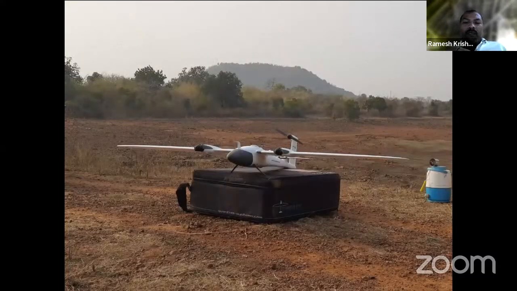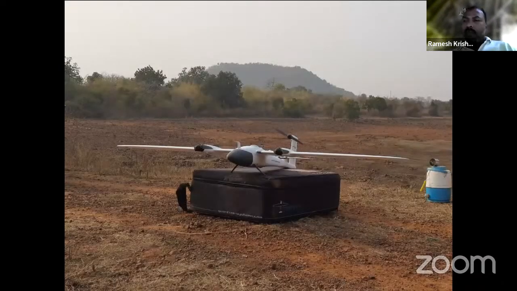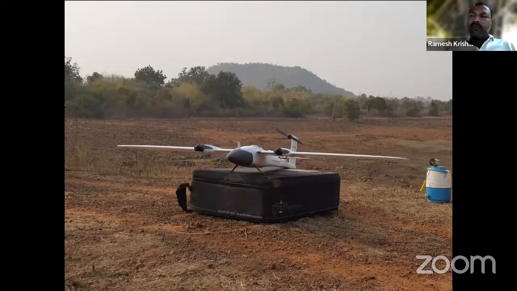This is one of the drones that we have in the market, known as a hybrid drone. Survey of India has actually purchased the Trinity drone. If anyone is connected with Survey of India, they would know that hundreds of them have been bought by Survey of India, mapping all across the country with high-resolution village boundaries and things like that.